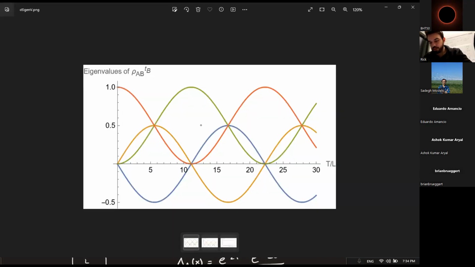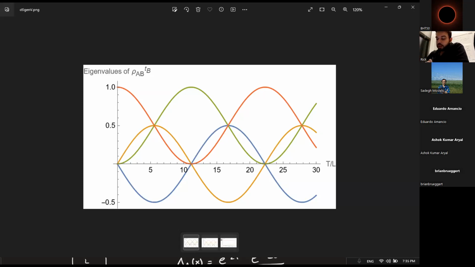So there we go. This is what you get. This is for the auxiliary one: let's see what happens if we just apply this unitary, without the noise added by the quantum field. We see that there are four eigenvalues, of course, since this is a 4x4 density matrix.